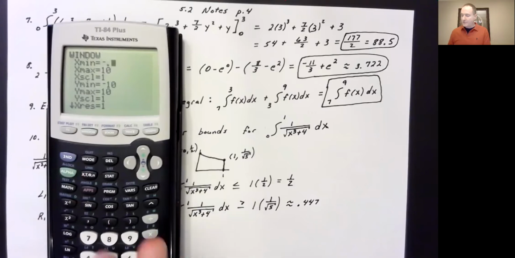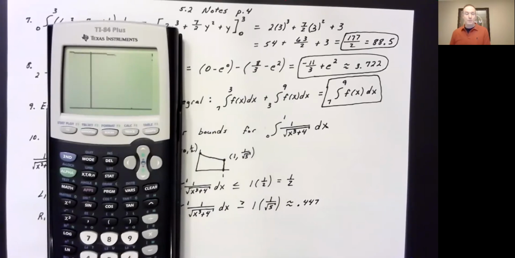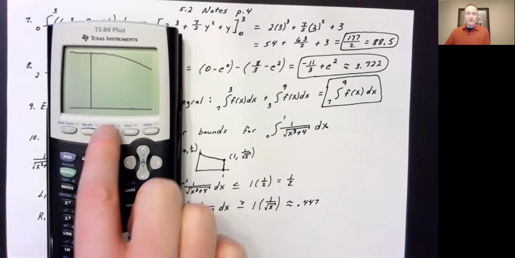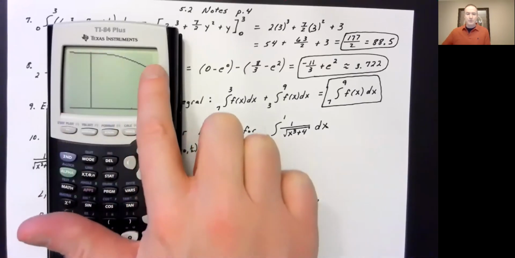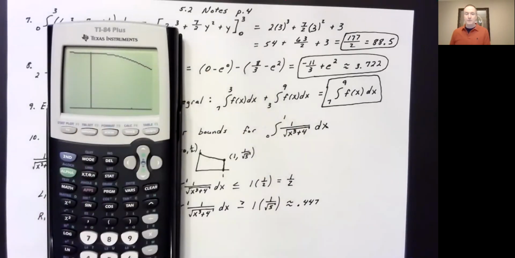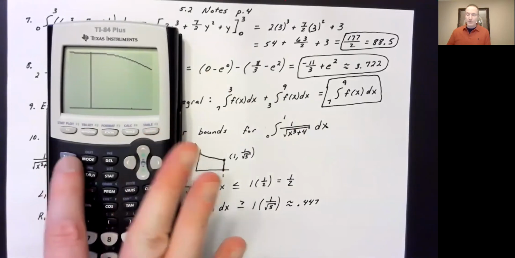I'll go negative 0.5 to 1.5, zoom. Oh, my function doesn't decrease much at all. That's okay. So I'm interested in what this looks like from 0 to 1, and I want to try to find the area under the curve there. Now, I don't have as good of a graph as I would have liked, but that's okay.